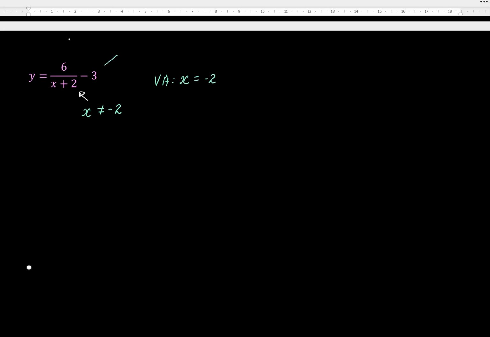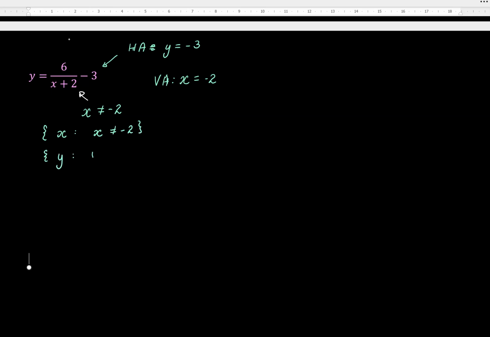We also have a horizontal asymptote here at y equals minus 3. So as long as we know that, we get our domain. We can just write it as x does not equal minus 2.